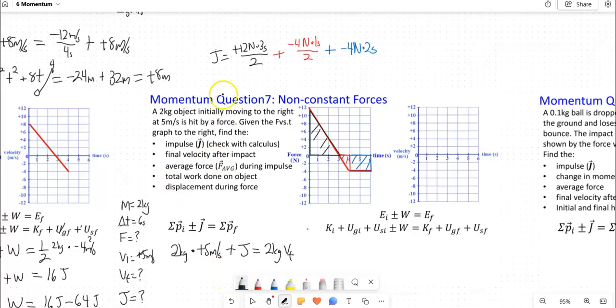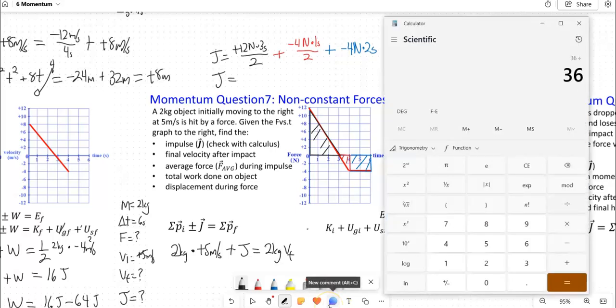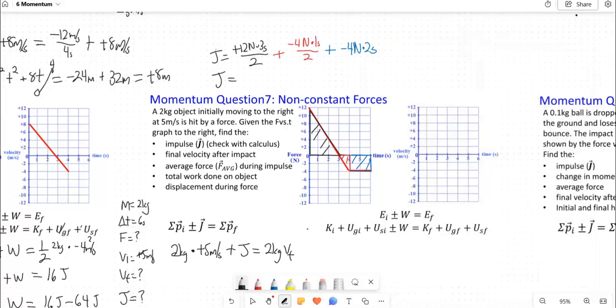So this impulse, which is a big guy here, is going to be what? That's 12 times 3, so 36 divided by 2. 36 divided by 2, 18. So this is positive 18 Newton seconds. This is going to be -4 divided by 2, so that's -2 Newton seconds.